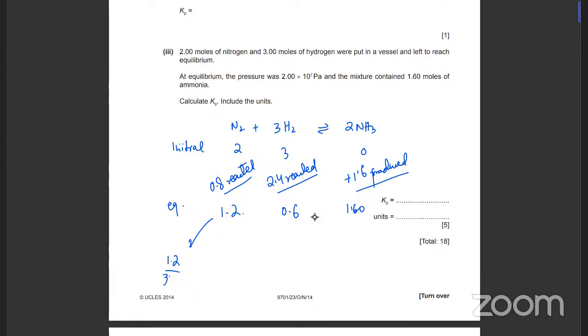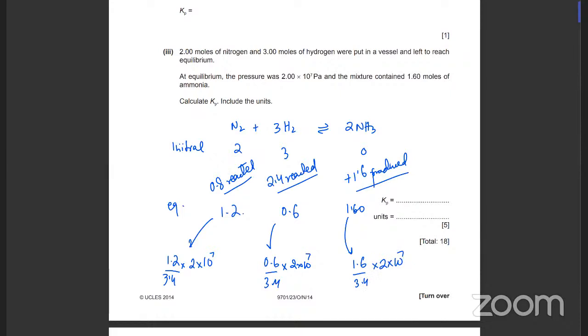So it's 3.4, and that's times 2 into 10 to the power 7 pascals. This one would be 0.6 divided by 3.4 into 2 into 10 to the power 7. And this one is 1.6 over 3.4 times 2 times 10 to the power 7, right?